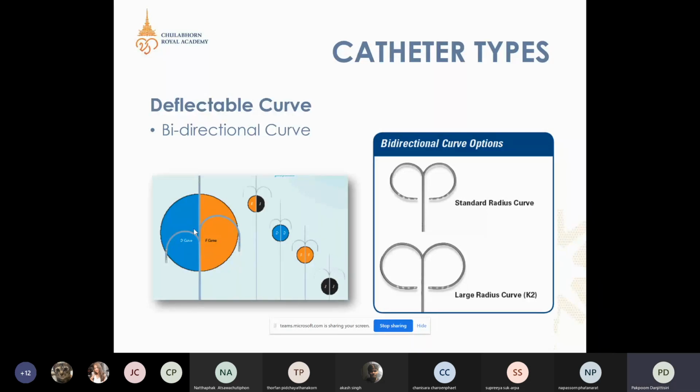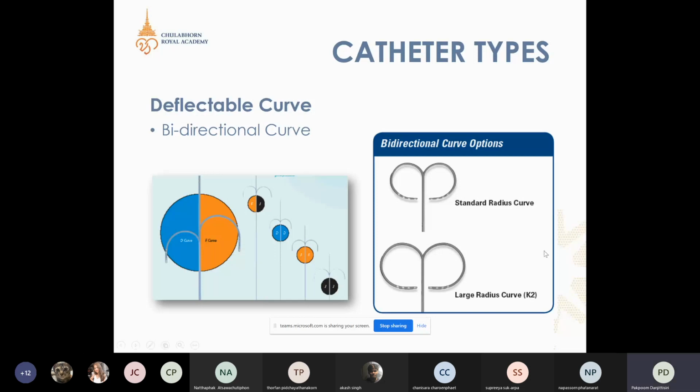If the D curve is not enough to get to that area, the F curve will be used instead, or something like that. This is the advantage of the asymmetric curve. Okay.